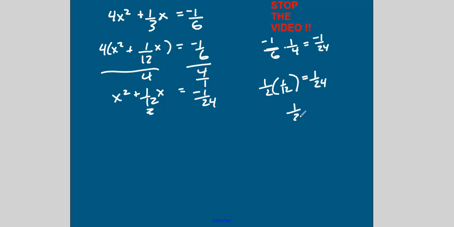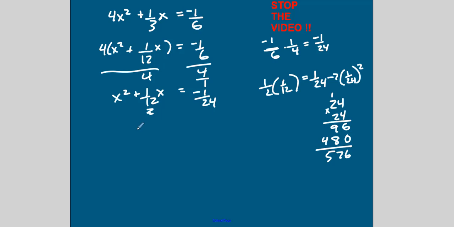Then I'm taking 1/24 and squaring it. 24 times 24: 4 times 4 is 16, carry 1, 2 times 4 plus 1 is 9, placeholder 0, 4 times 2 is 8, 2 times 2 is 4, that's 576. So I'm going to now add my blanks.